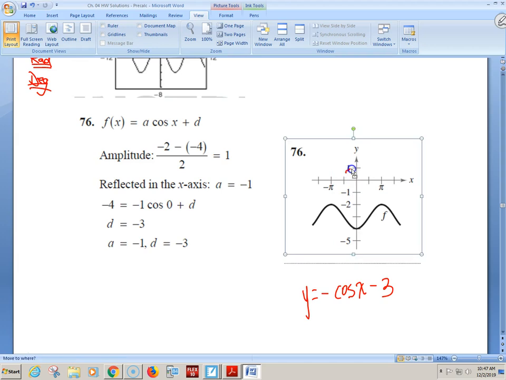Here's normal cosine. They saw that it shifted down 1, 2, 3, 4. I thought it shifted down 5. Why did they only shift it down 3? 1, 2, 3, 4, 5. Why is it minus 3 and not minus 5?